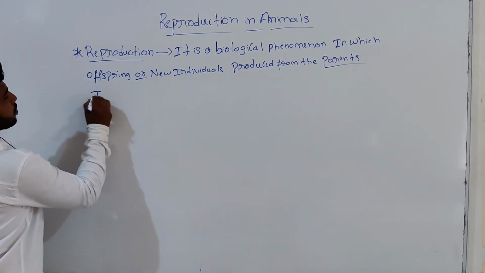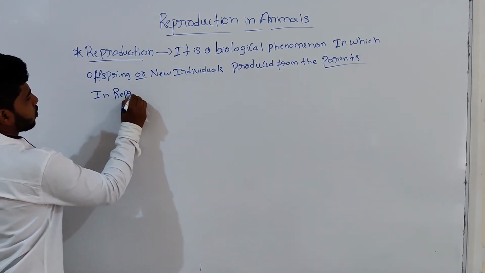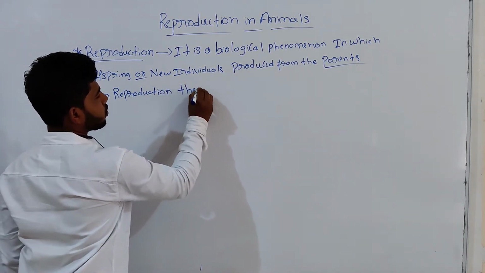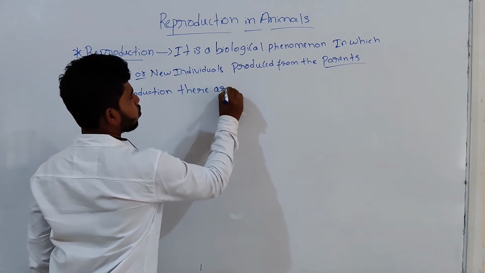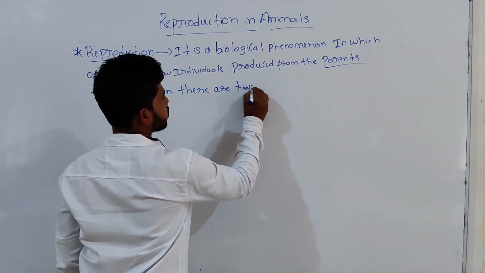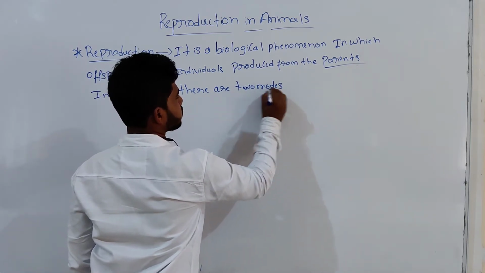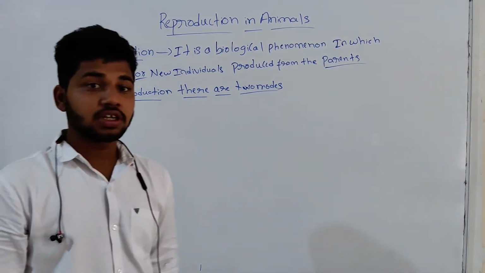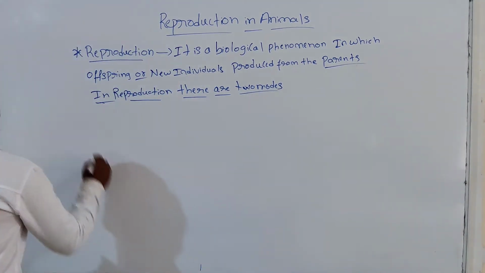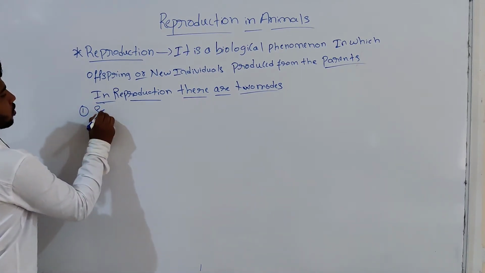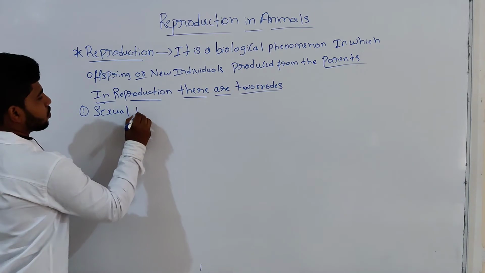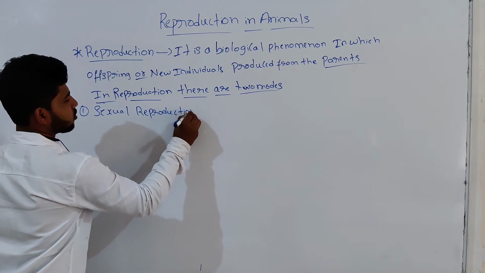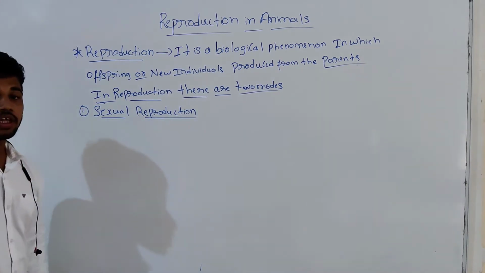The first one is asexual reproduction, the second one is sexual reproduction.